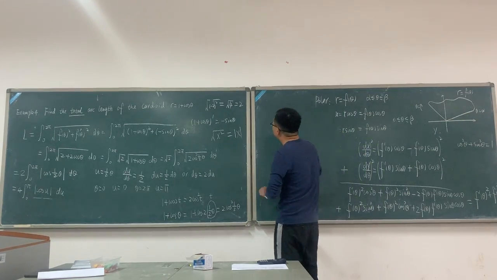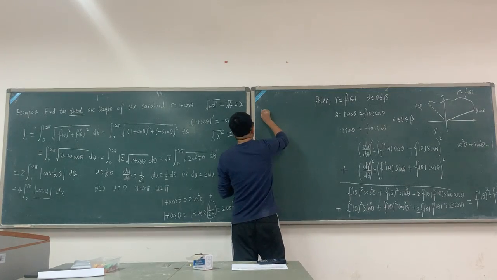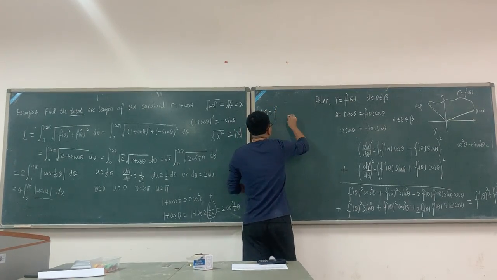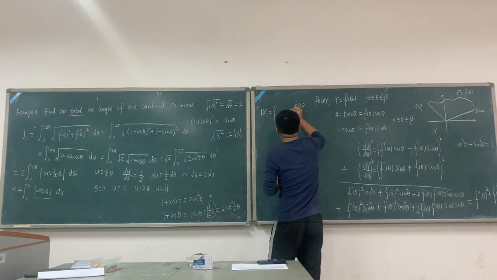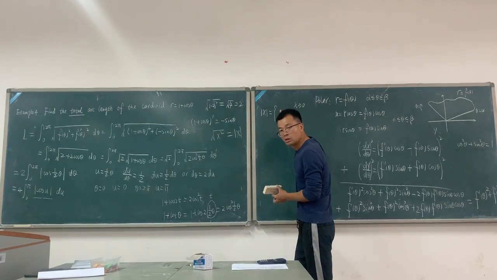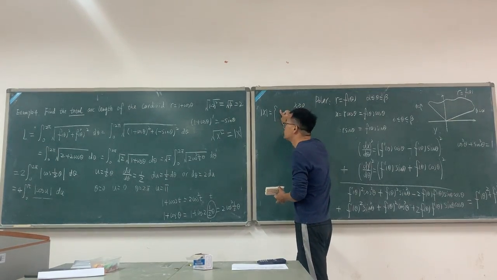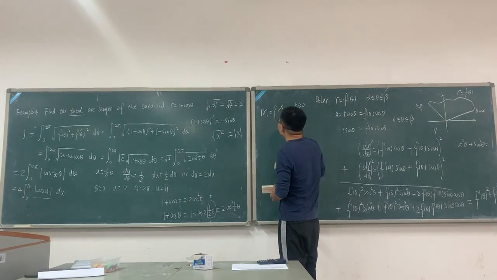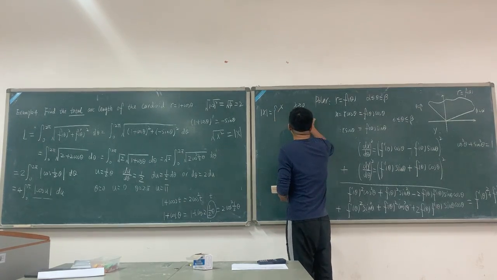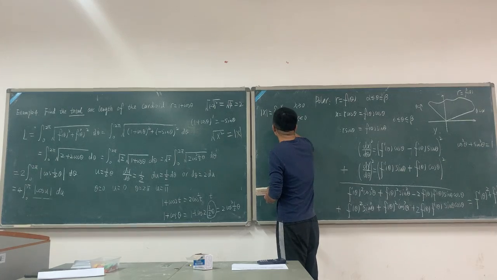Now we know that the absolute value of x equals x when x is greater than or equal to 0, and when x is less than 0, it equals minus x, yeah?